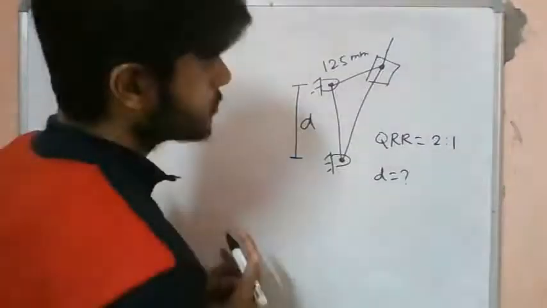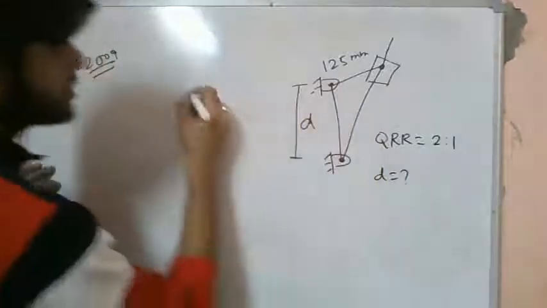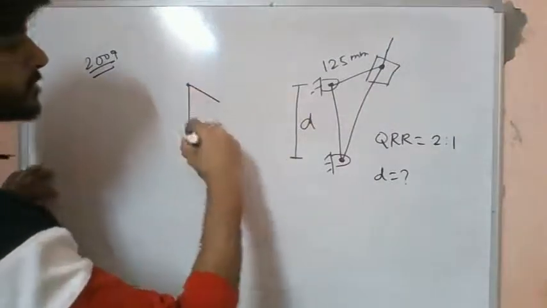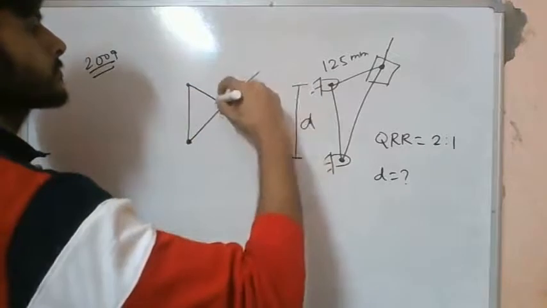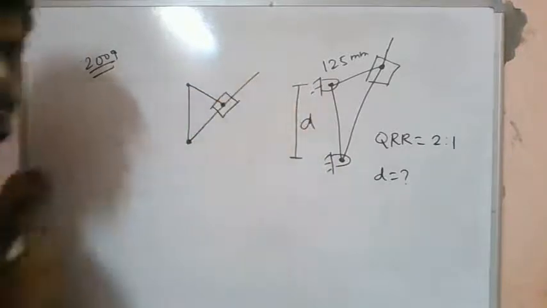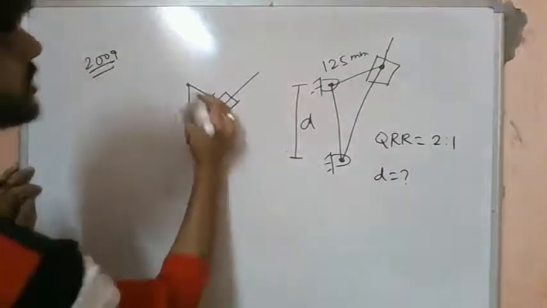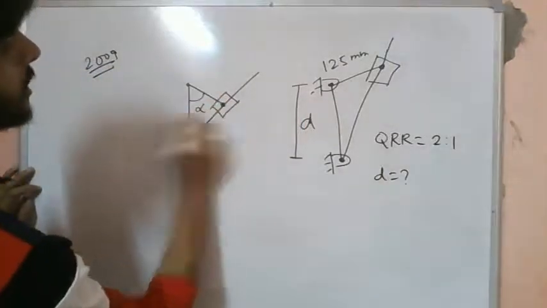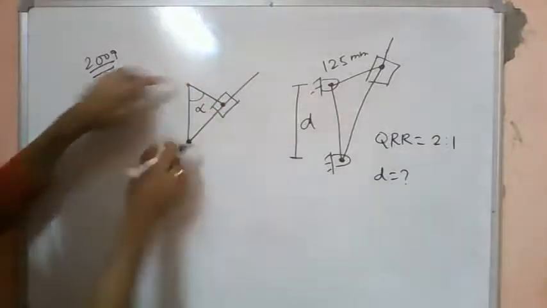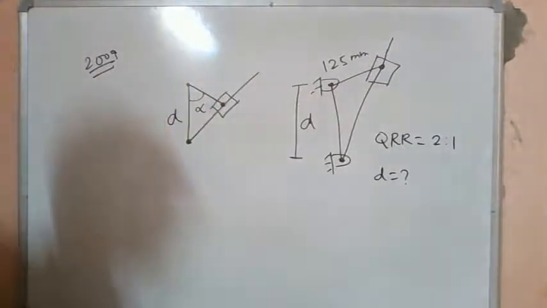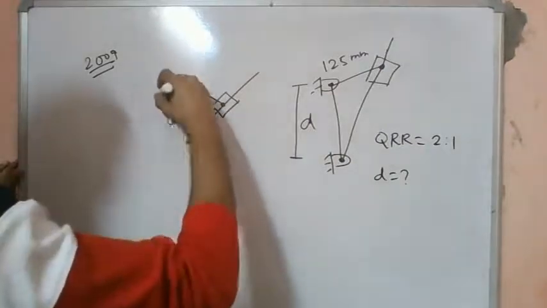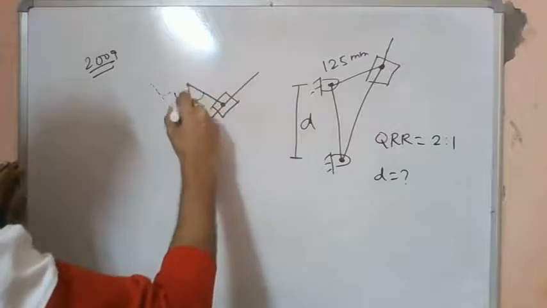So let's find out. The extreme condition is like this, and this will be perpendicular to this. This is one of the extreme conditions. Let's consider this angle as alpha. This angle is 90 degrees, this is the hypotenuse, and this is d. Similarly, when it goes in the other direction, this angle will also be alpha.